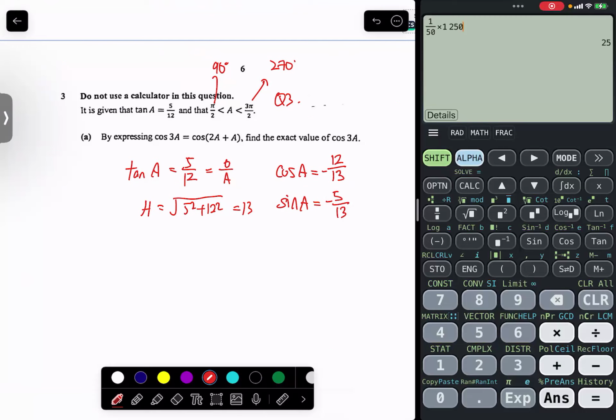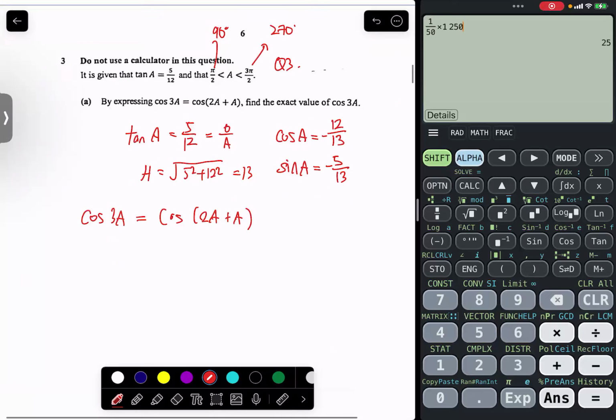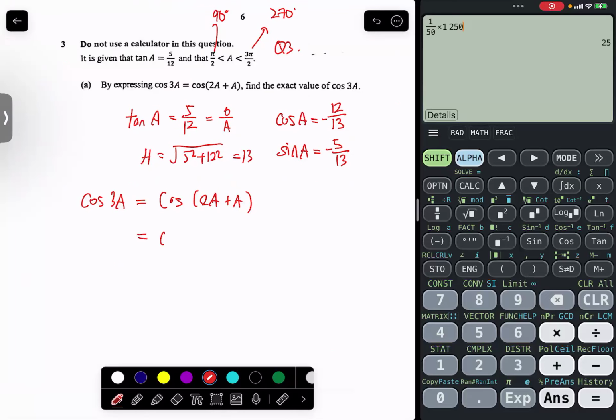All right. Now, find the exact value of cos 3A. So cos 3A is equal to cos(2A plus A). Okay. So cos(2A plus A) would be equal to cos 2A cos A minus sin 2A sin A.